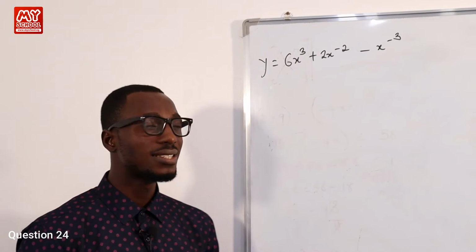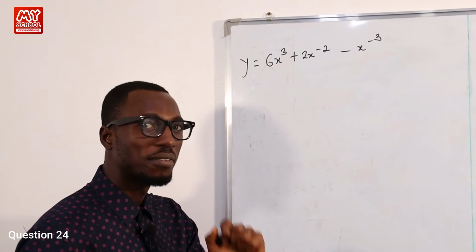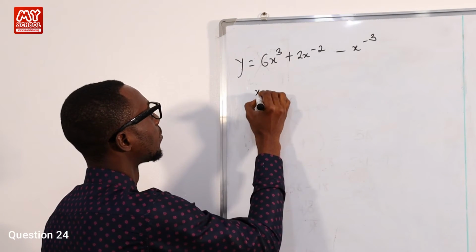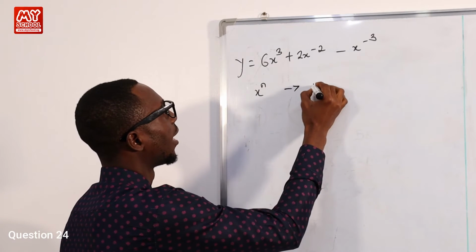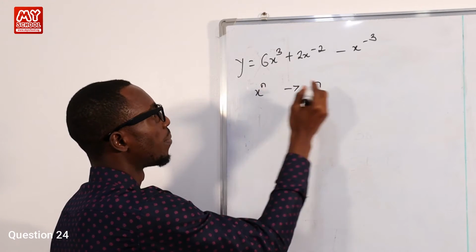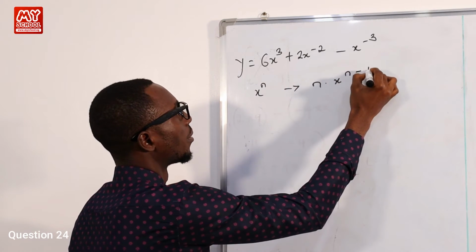So recall that anytime we differentiate, just put this at the back of your palm. In differentiation, this will mean n, that is raised to the power here, multiplied by x to the n minus 1.